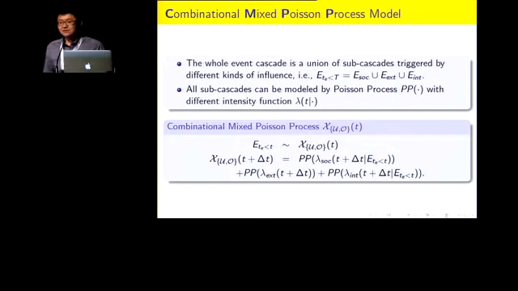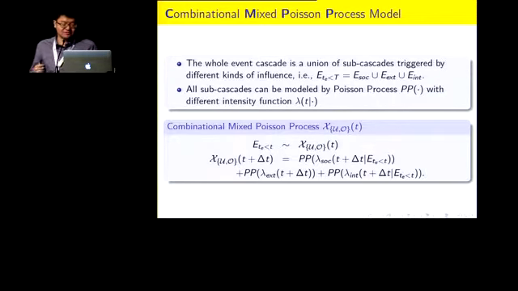Based on the 3 kinds of influence, we assume that the whole event cascade is a union of sub-cascades triggered by the different kinds of influence. For each sub-cascade, we can model the cascade by a Poisson process with different intensity functions. Thus, we propose our combinational mixed Poisson process to generate the event cascade in the social network.